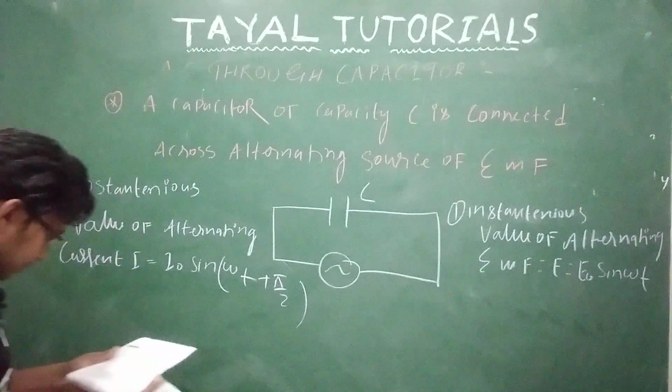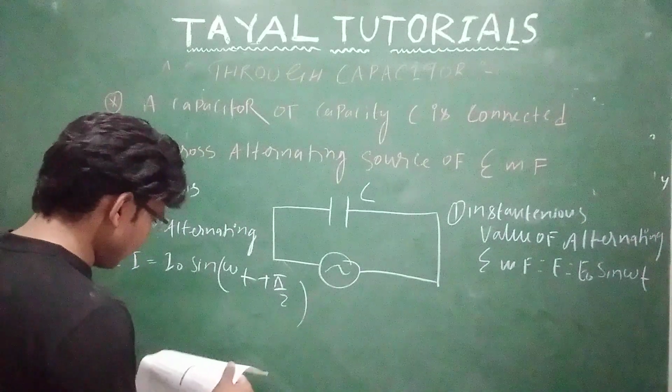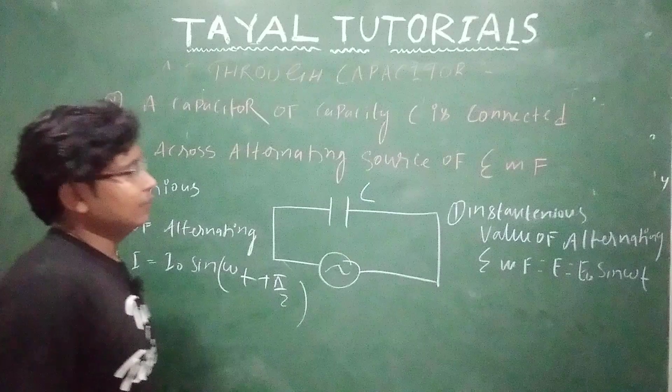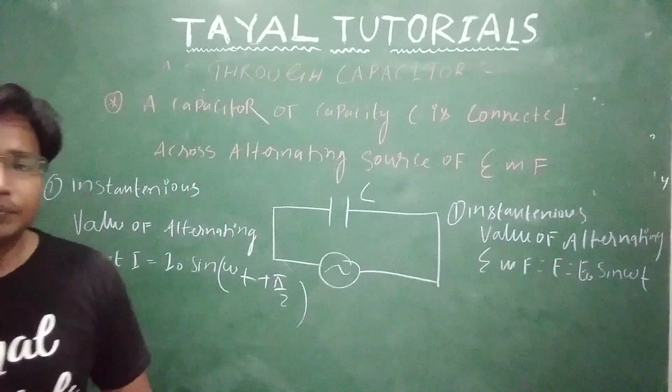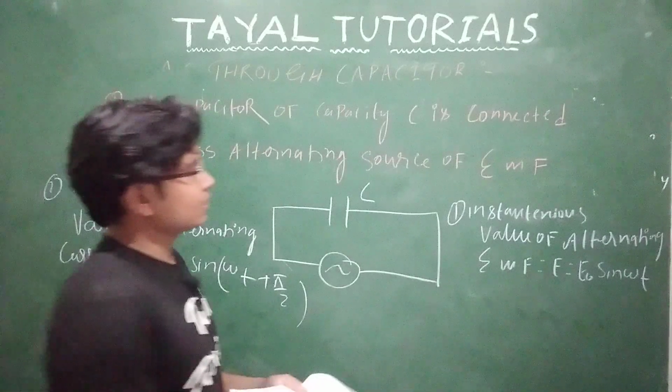Now another term, the capacitive reactance, we have to discuss. Over there we have discussed XL. In an inductor we have discussed XL. Here, in a capacitor, we will discuss XC.